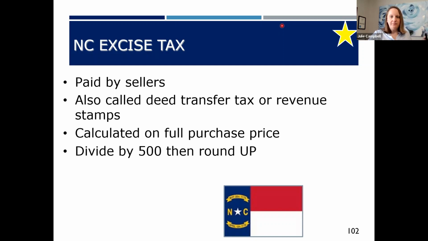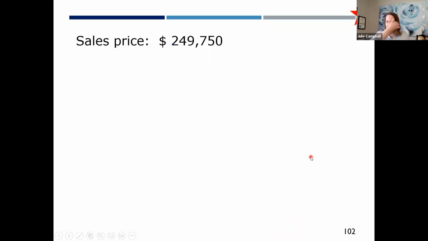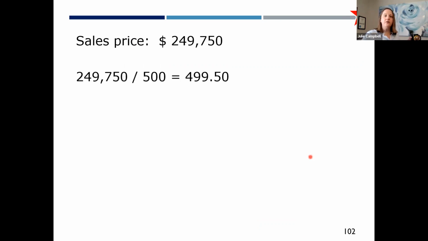So here's an example. Let's say your purchase price or your sales price is $249,750. So we have our purchase price. The first thing we need to do is divide by 500. So when you take $249,750, divide it by 500, you get $499.50.